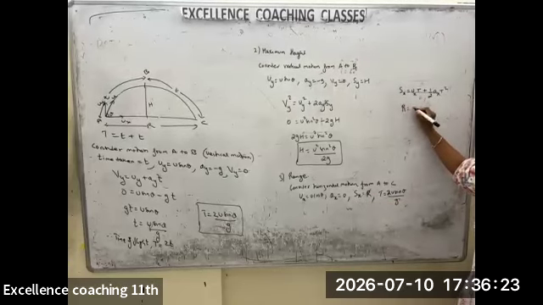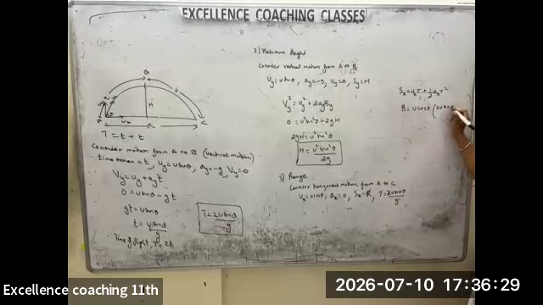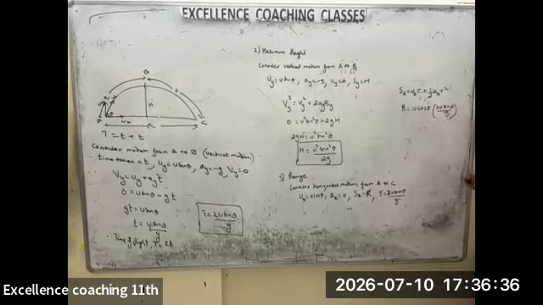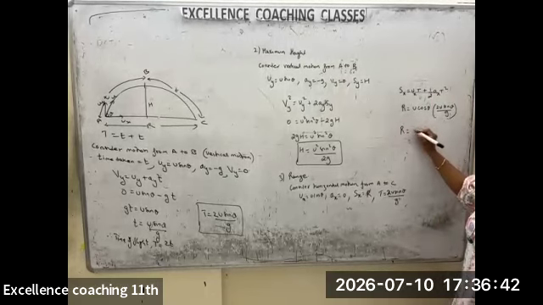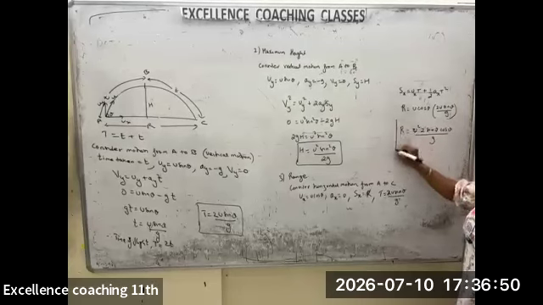R is equal to u cos theta and t is 2u sin theta upon g. Correct? Ux is u cos theta, time of flight is 2u sin theta upon g. If I combine this together, what will I get? U square 2 sin theta cos theta upon g.